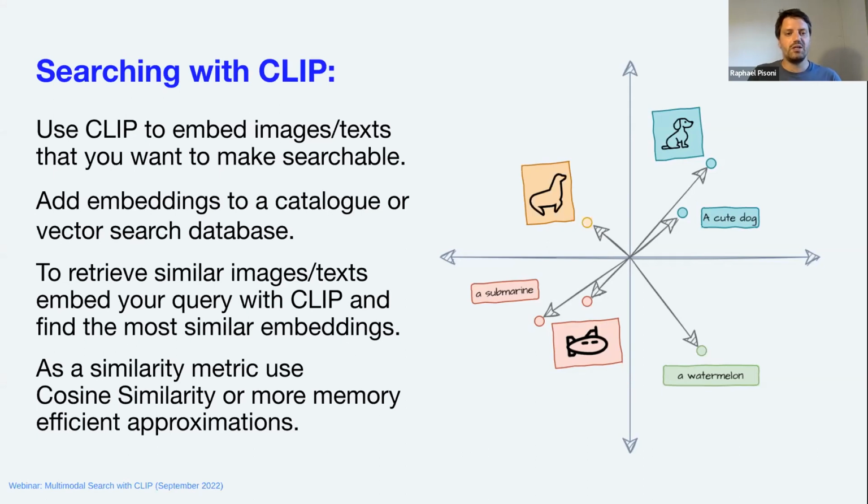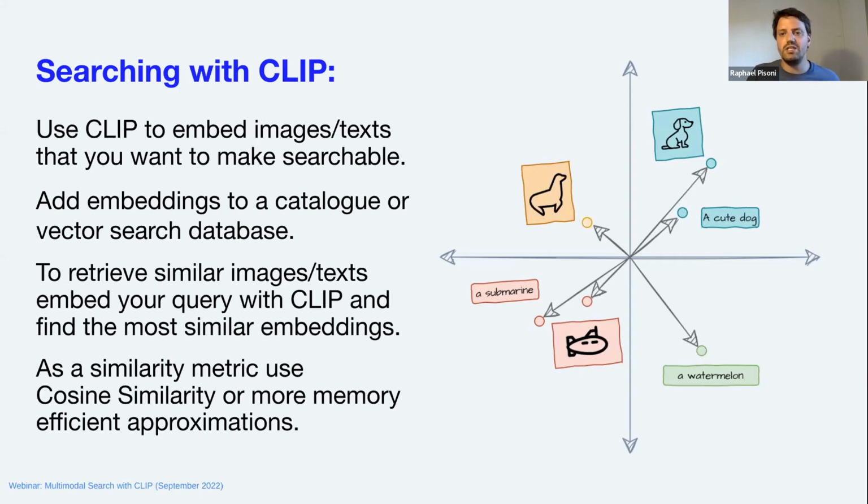Usually, or in our case, we did this with a similarity metric called cosine similarity, but you can also use some more memory efficient approximations of that, or completely different vector similarity metrics altogether.